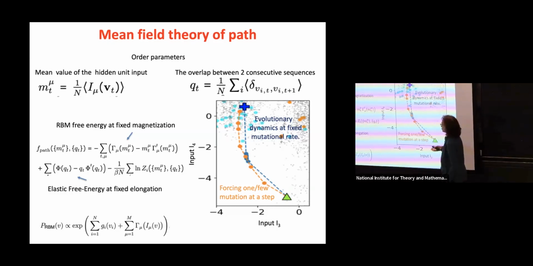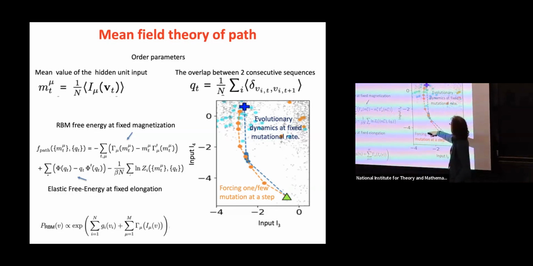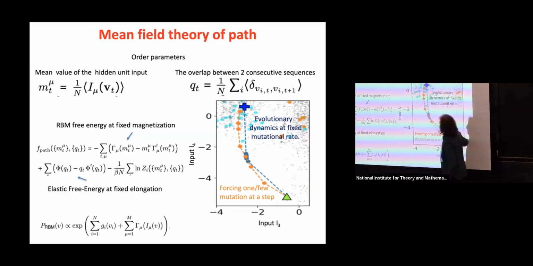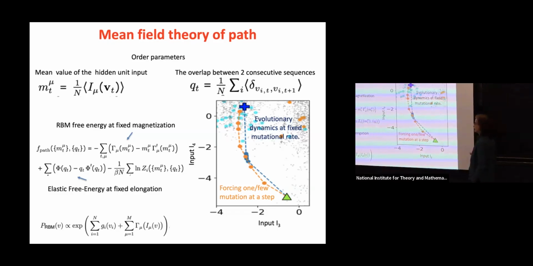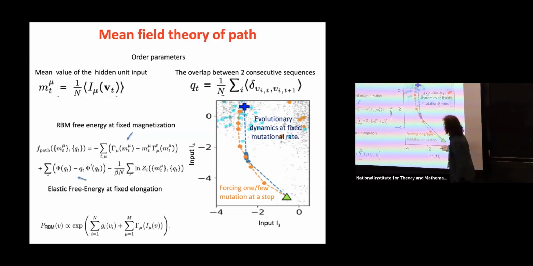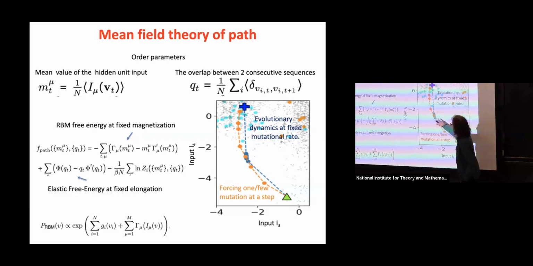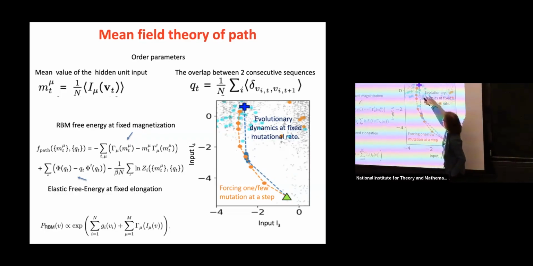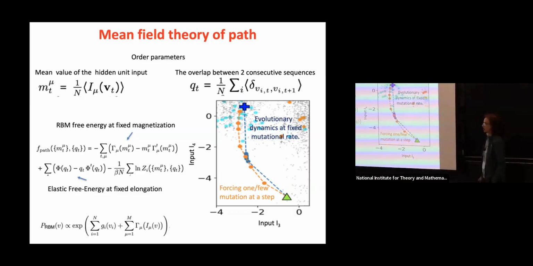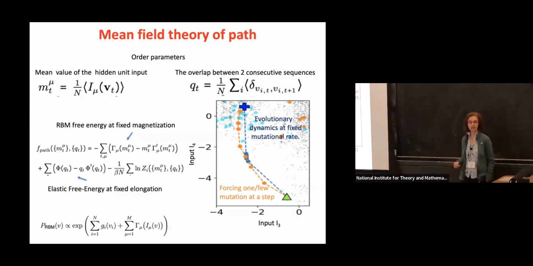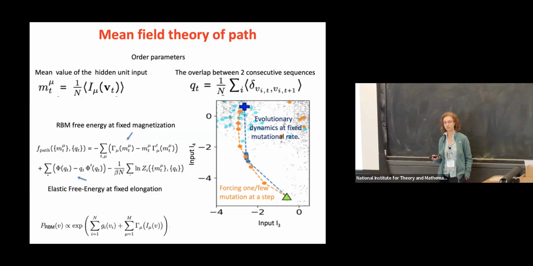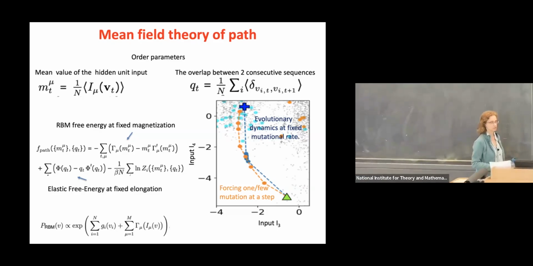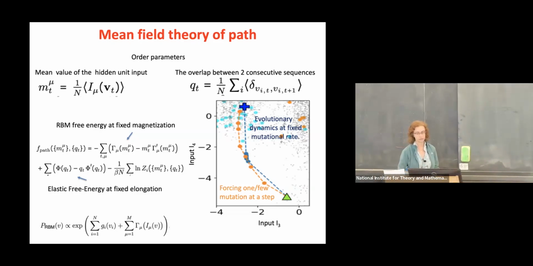You can use statistical physics to compute this mean-field path, and you see that indeed they go to the same region of the space. And this is nice because you can compute the entropy of paths, so the number of possible functional paths. I will end because I think time is 2 minutes.